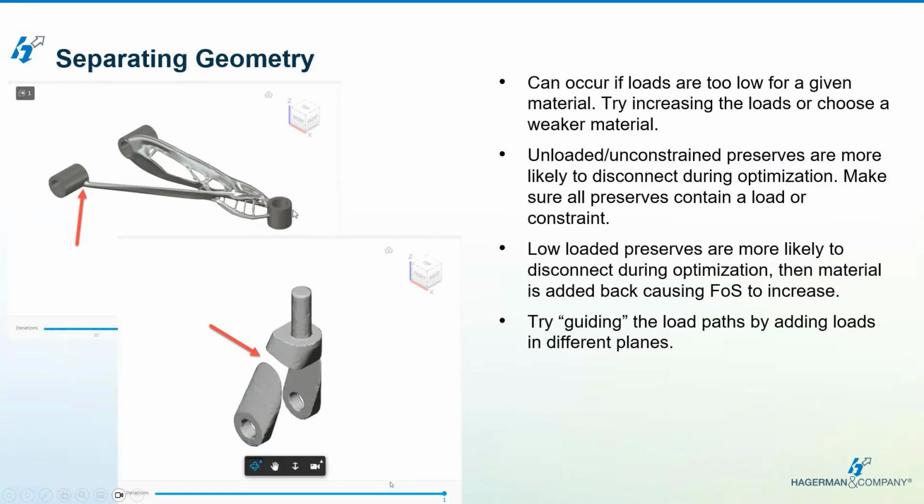There is some information about maybe you had some geometry that's separated. So sometimes you'll get back some outcomes that are cut off from each other, and maybe the loads are too low for a certain material, or your preserves are in line but, depending on where your obstacles are, should be moved a little bit so that they can connect to each other.